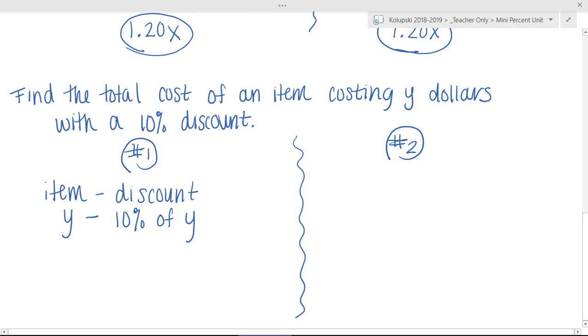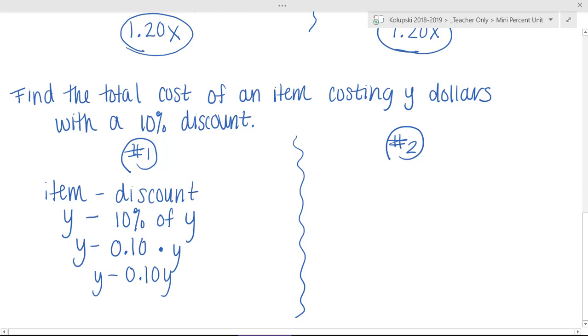We don't know if it's 10 cents. It all depends on what this original cost is. So I'm going to go ahead and simplify. That 10%, I'm going to make into a decimal. We know that of means to multiply, and I'm multiplying it by the y. So I have y minus 10/100 y.